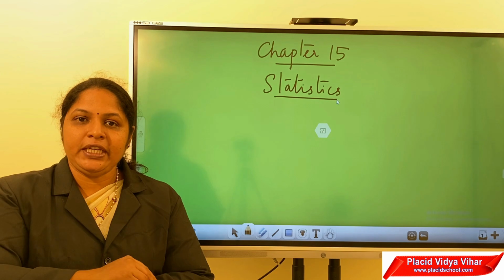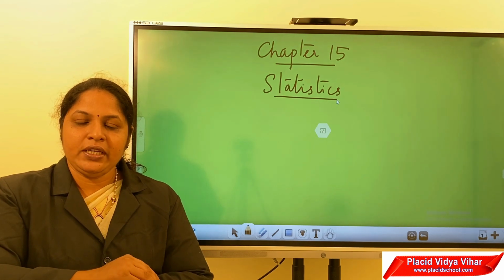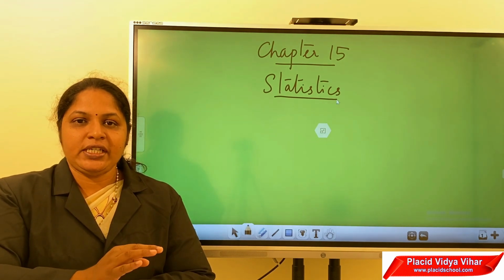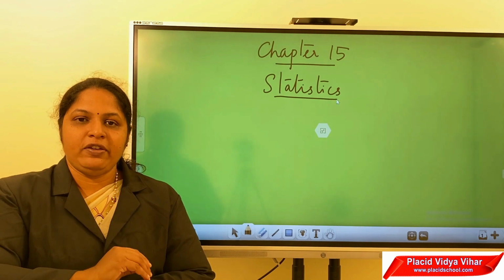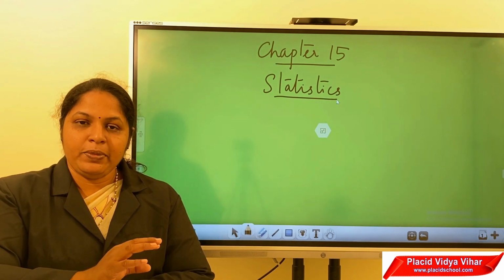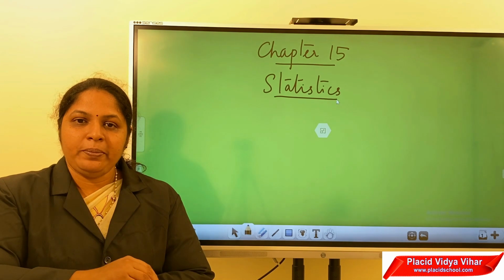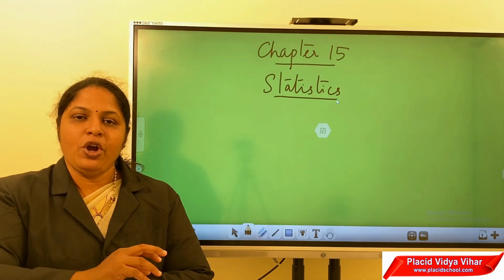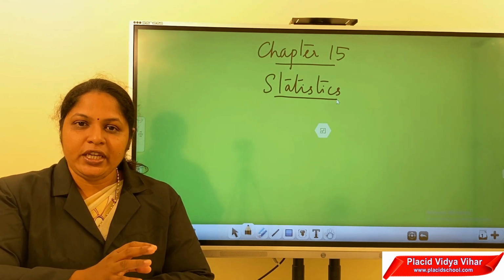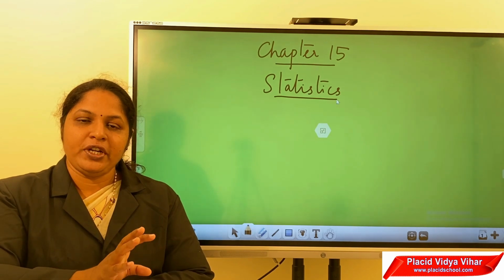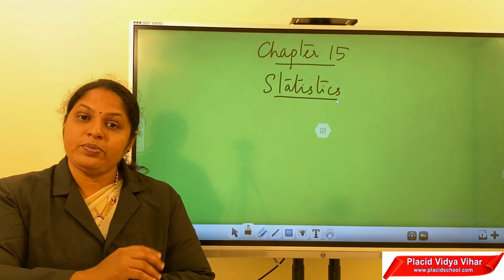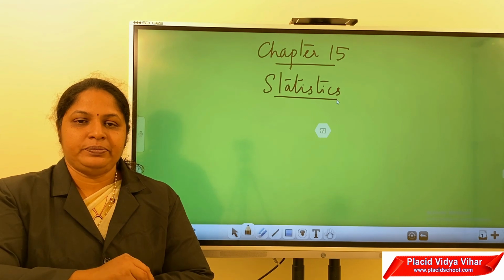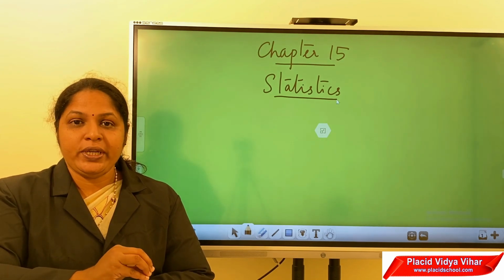How do you find the median? Median is simply arrange the data in ascending order, find out the middle value. If the number of data points is an odd number, simply find the middle value, or if the number of data points is an even number, find the average of the two middle values. What is mode? Mode means the most frequent observation.